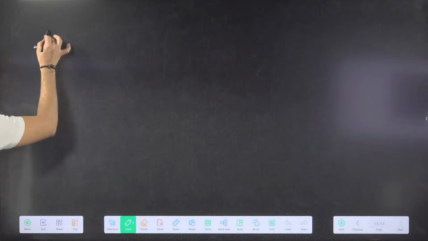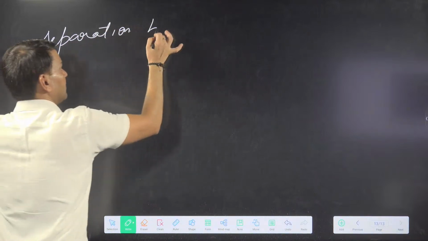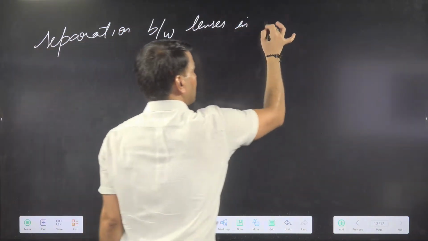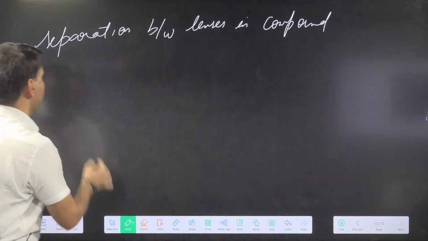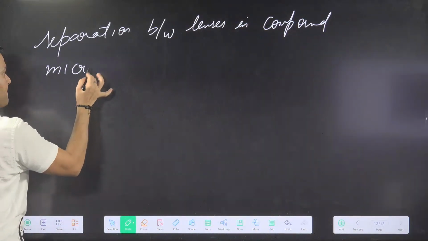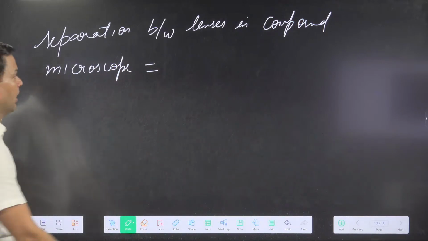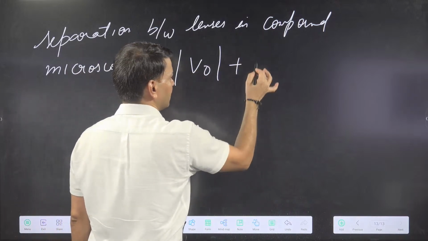Then separation between lenses, that we will say what? Separation between the lenses is VO plus UE.